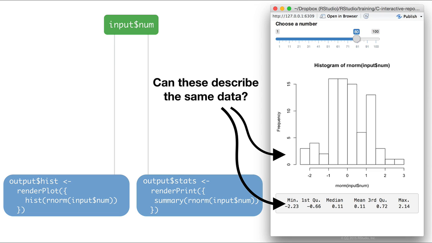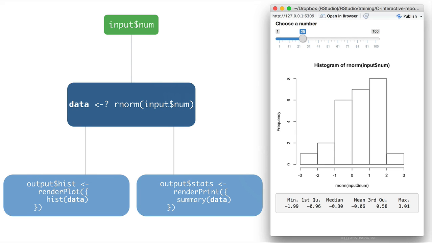Our strategy for doing this would be to, instead of calling rnorm(input$num) twice in this app, call it once and save the data set it creates, and then use that data set downstream where we need it. Now, I put a question mark here by the assignment operator because it's not clear yet how we should save the data.